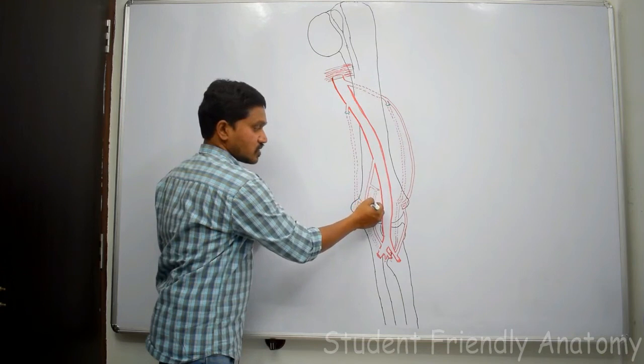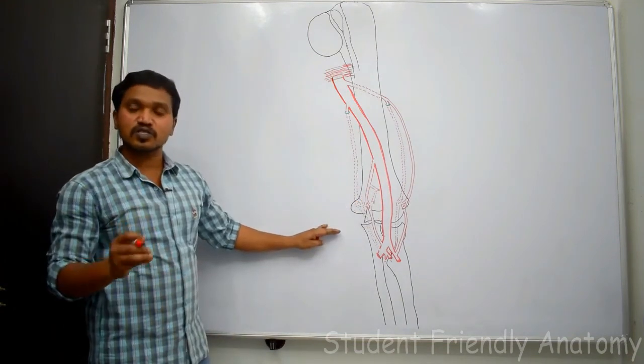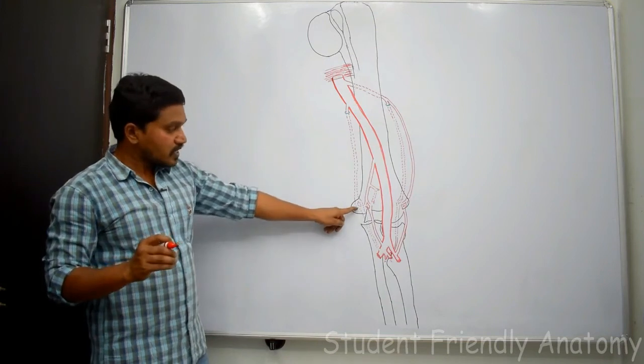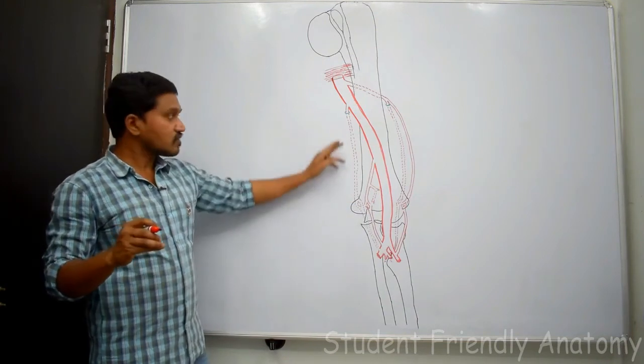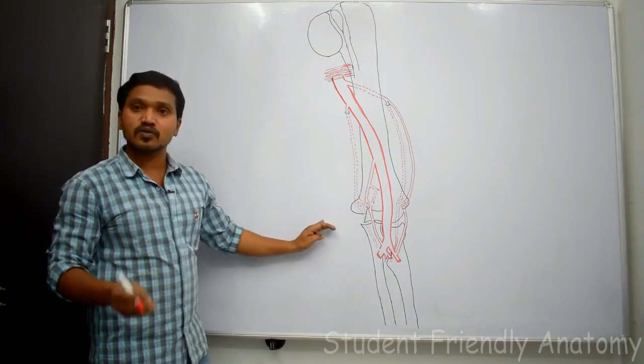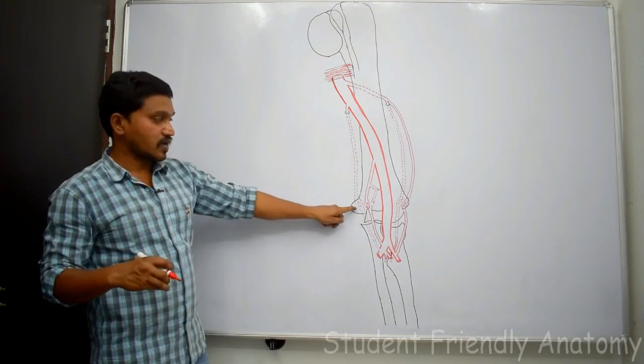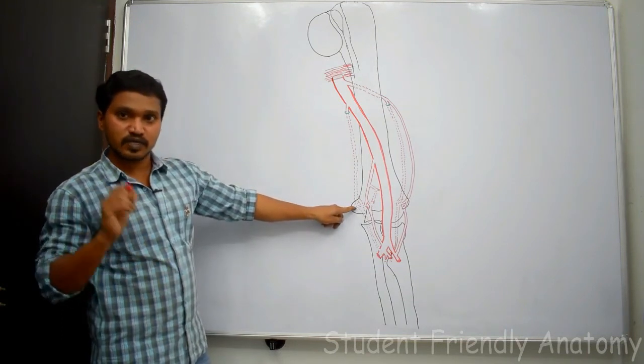This descending branch also contributes to the anastomosis behind the medial epicondyle. That means along with superior ulnar collateral, a branch of inferior ulnar collateral also participates in the anastomosis behind the medial epicondyle, right? So that is one point.